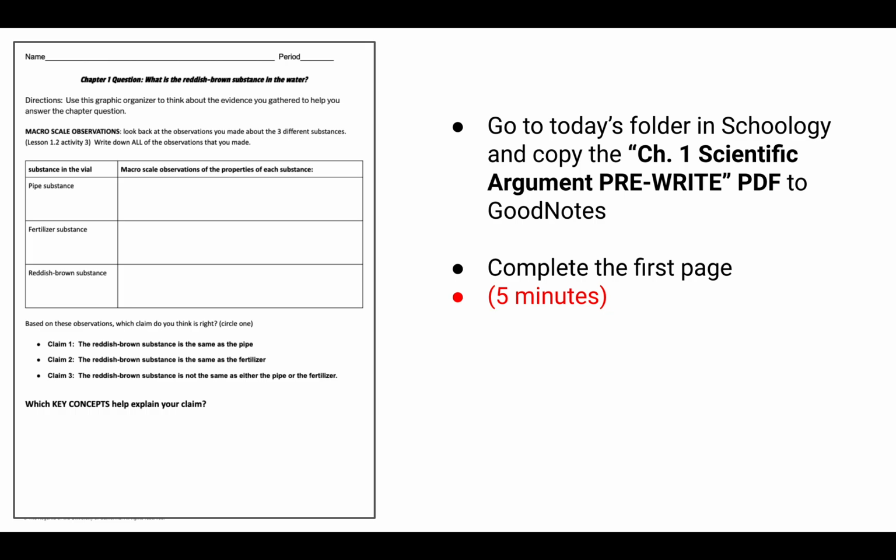If you remember, I gave you guys the vials of the pipe substance, the fertilizer, and the reddish brown substance. Go back to lesson 1.2, activity 3, and I want you to write down all the observations that you observed and make sure that those are the good scientific observations, okay?